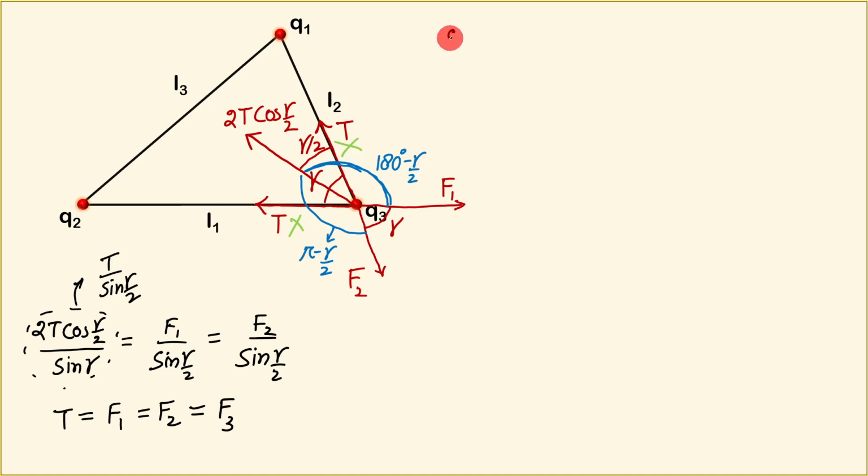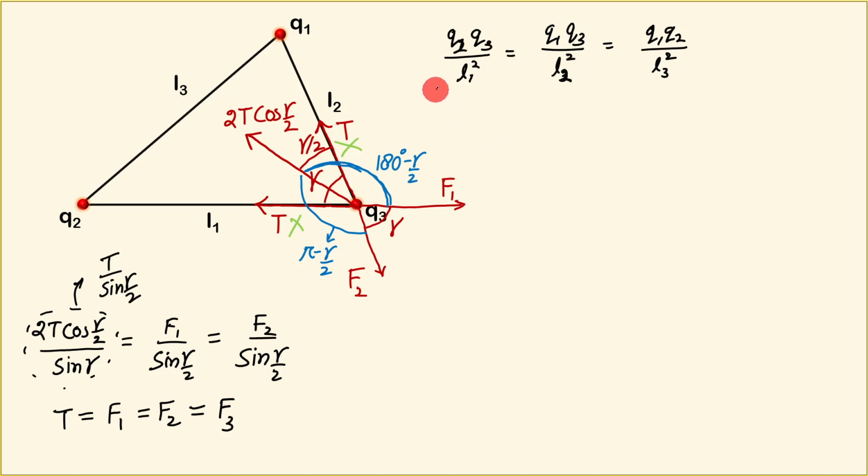What will remain is Q2 Q3 by L1 square equal to, for F2, charges Q1 Q3 and distance L2, so L2 square, and for the last part Q1 Q2 by L3 square.